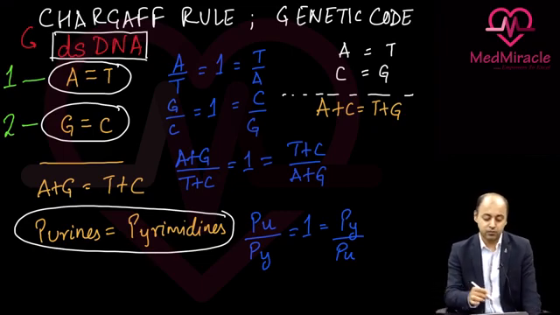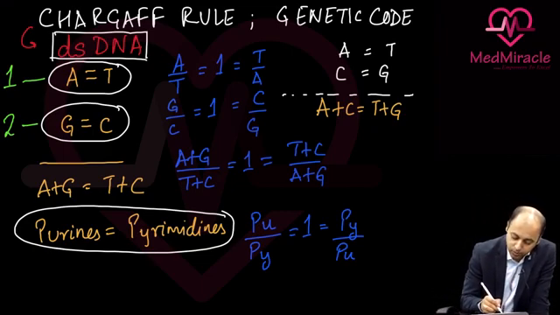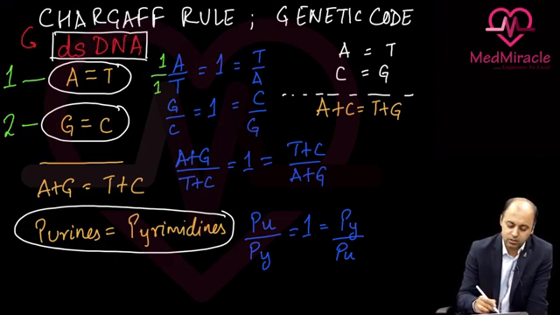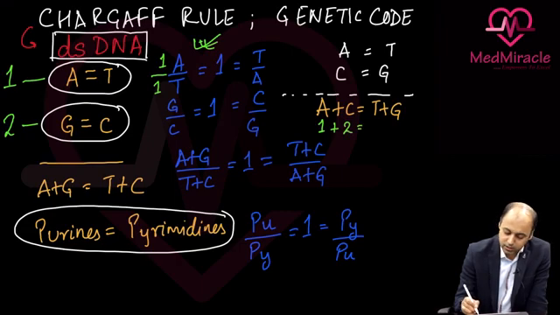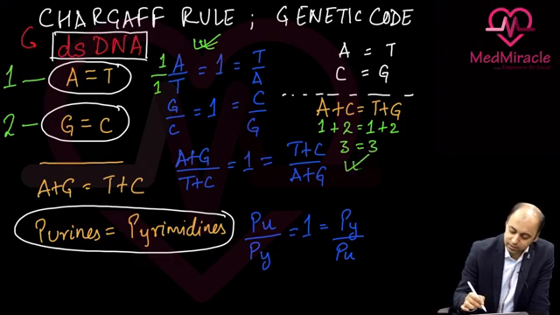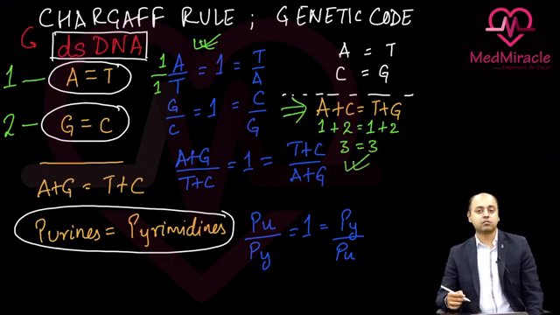For example, A1, T1. Ratio of 1:1 is 1. Okay, this is correct. This pairing is correct. Look at this. A is rule number 1. C is rule number 2. T is rule number 1. G is rule number 2. Meaning 3 should be equal to 3. This is correct. Therefore, this combination is also correct.